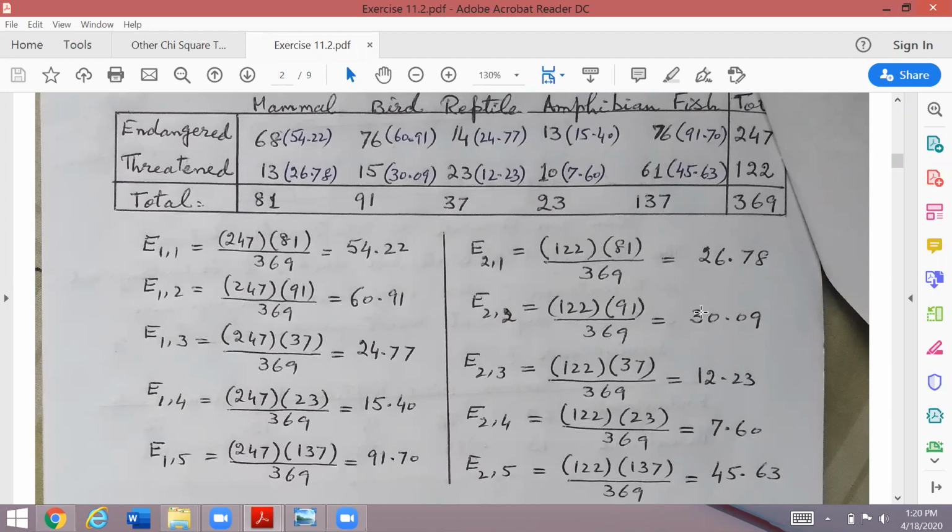A good thing will be if for a particular observed value, in the bracket you write its calculated expected value. 68 is at first row, first column, and its expected value at that position you have calculated here as 54.22. Just write it in the bracket because together we are going to put them in the formula. So it will be good if they are written close to each other.